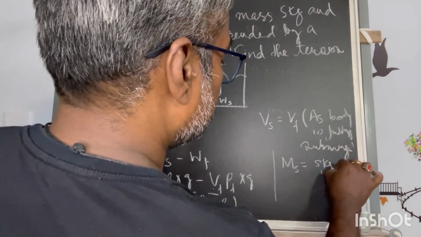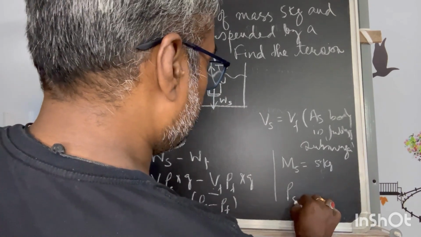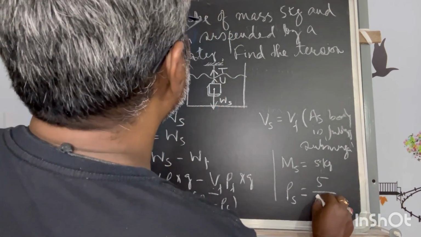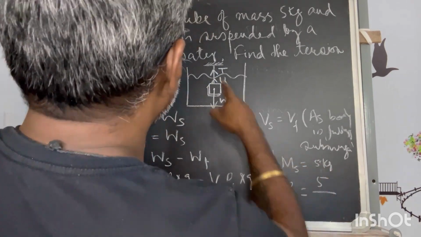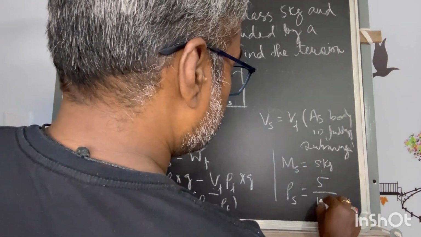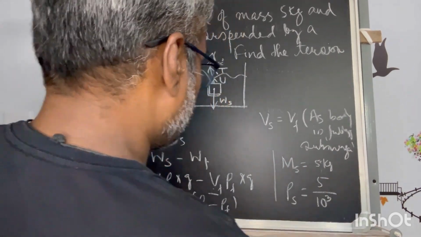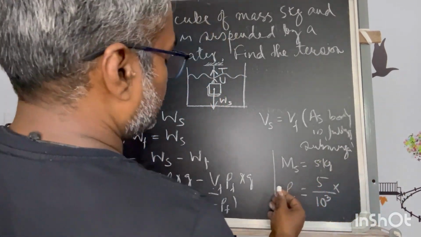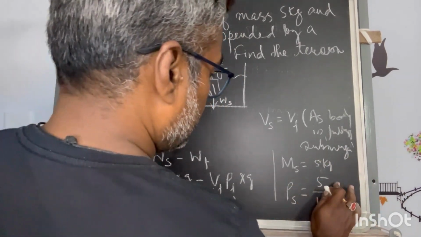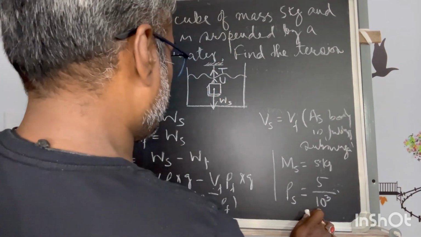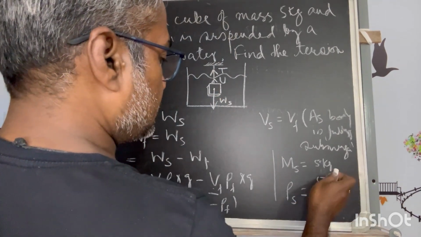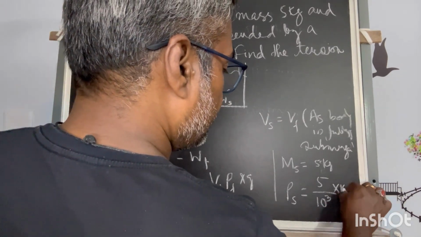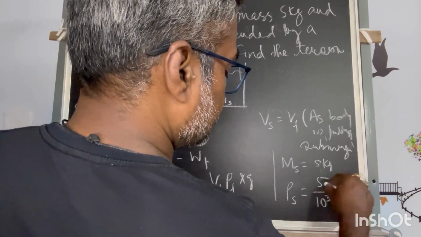So rho of the solid is 5 by the volume. The volume is in centimeter cube, and when moving from centimeter to meter, we have to divide by 10 to the power 6.